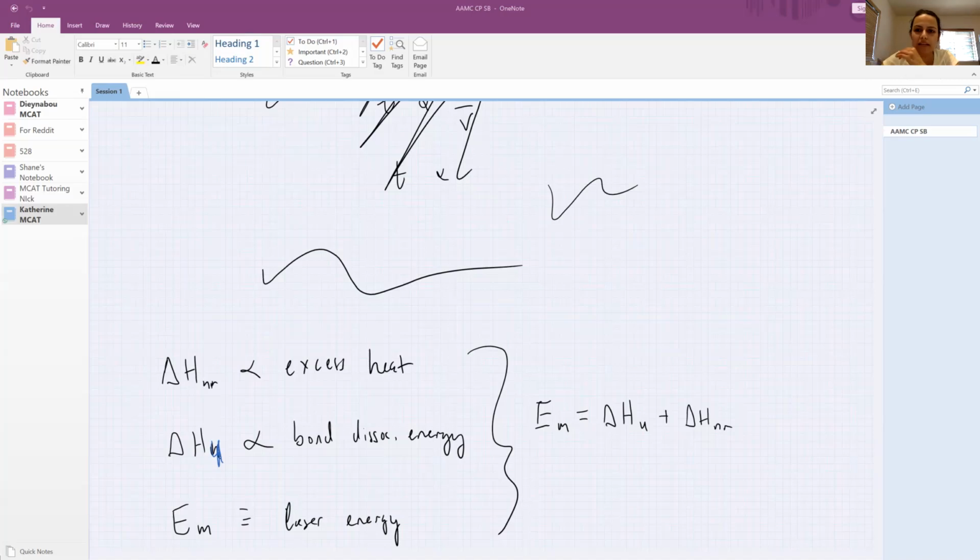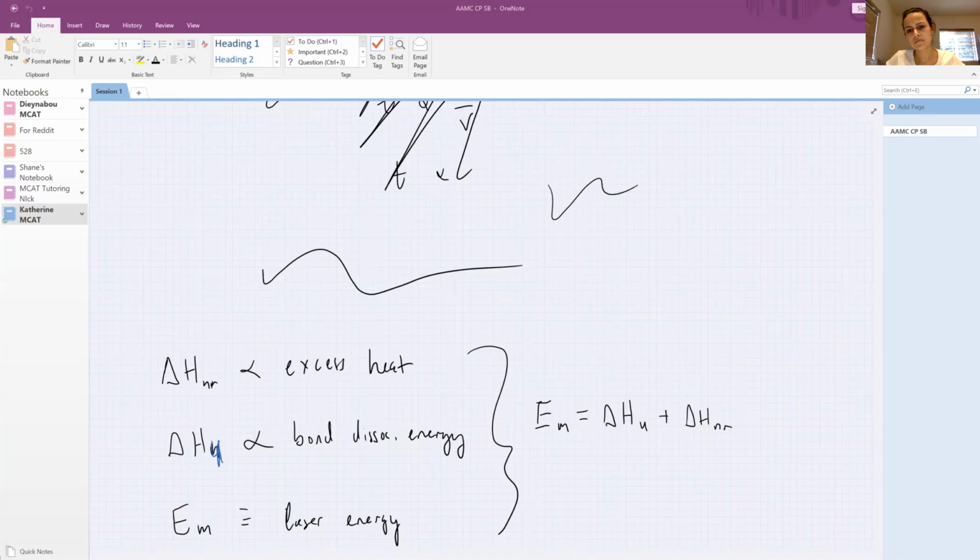Oh, but wait. So it's 0? Yeah. But how do you know that there's no excess heat? Because light isn't really going to carry heat. The light adds energy to the bond, causing the bond to break.